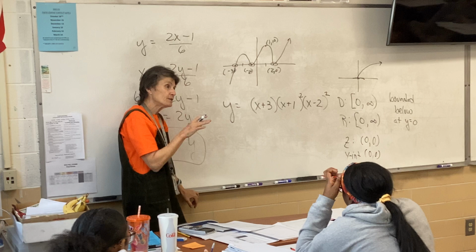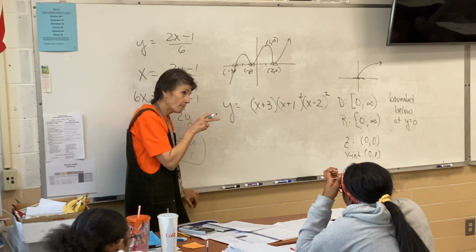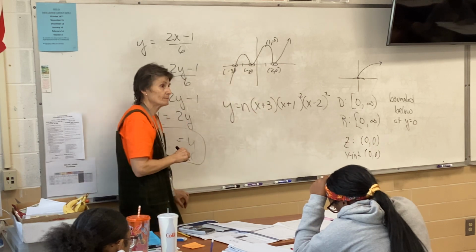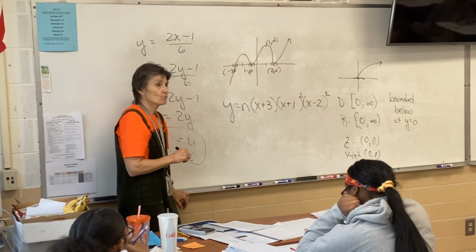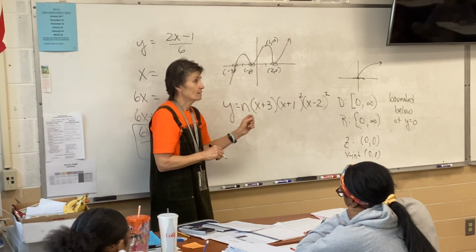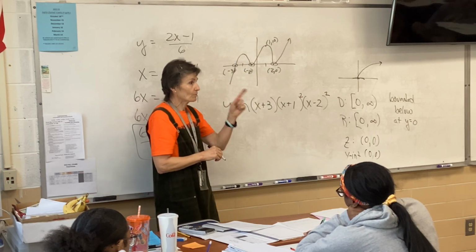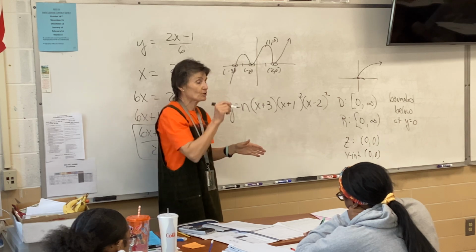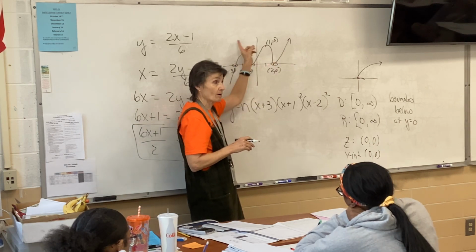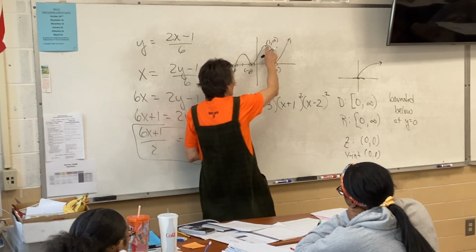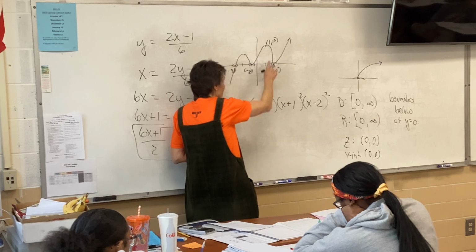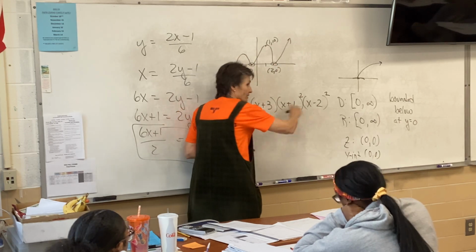Now, we are good to go, except there's this coefficient out in front that controls what? That controls 2 things. Whether you're upside down or right side up, which direction you come from, and how high these hills and valleys are. I know I have to contain the point (1, 10). That does not go here.